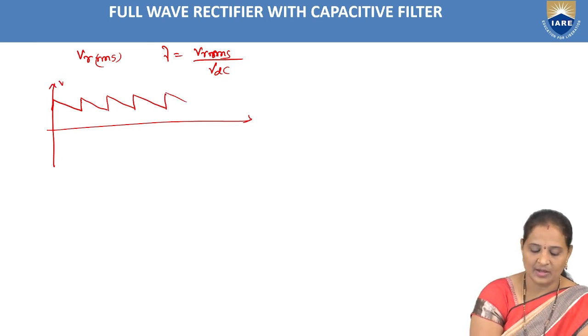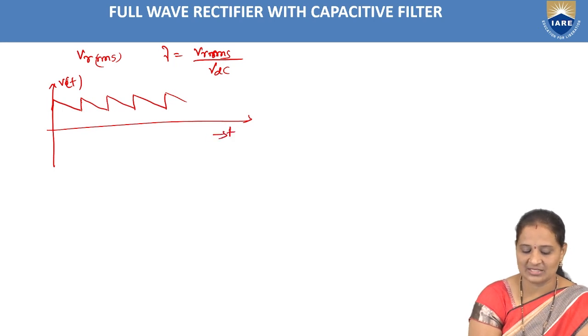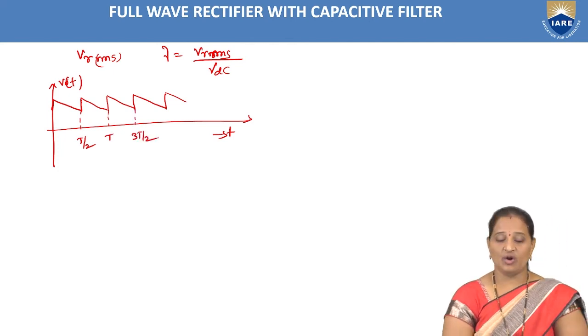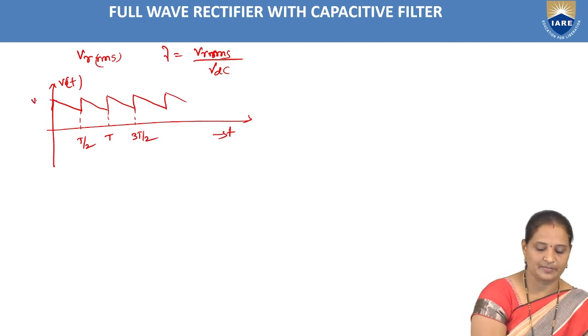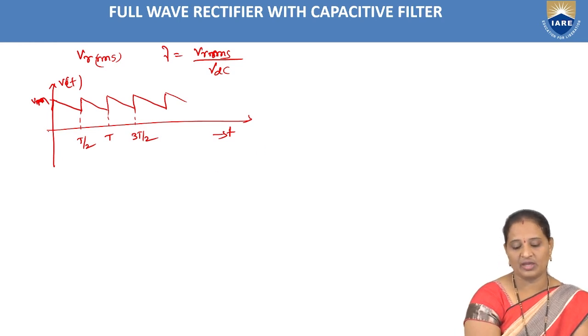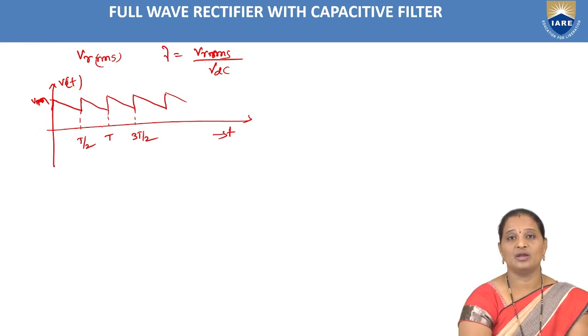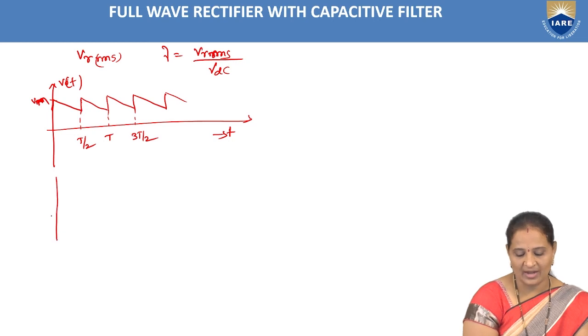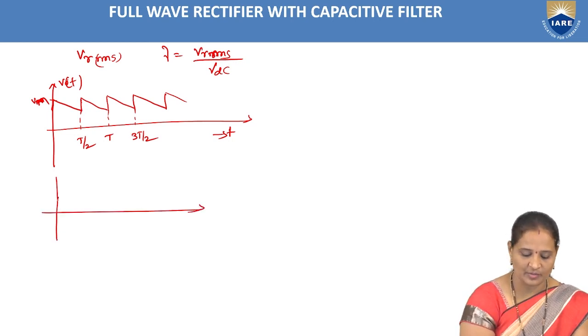This is the voltage V of t, a sawtooth waveform, where the period is T by 2, then 3T by 2 and so on. This is Vmax, that is Vm. To calculate the RMS value, I remove the offset so that the waveform can be approximated like this.